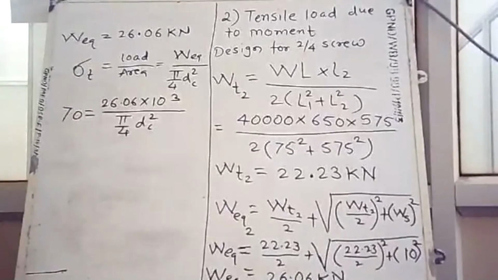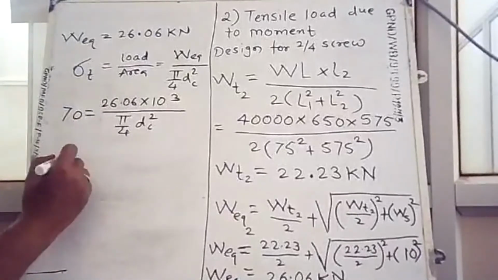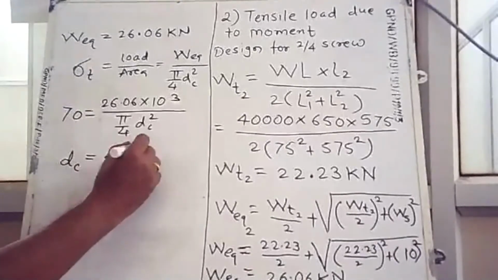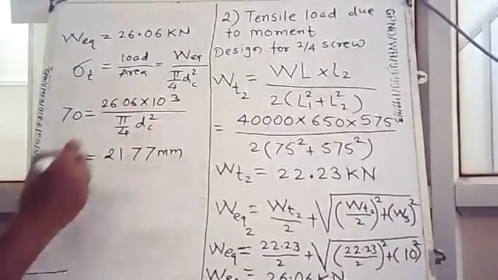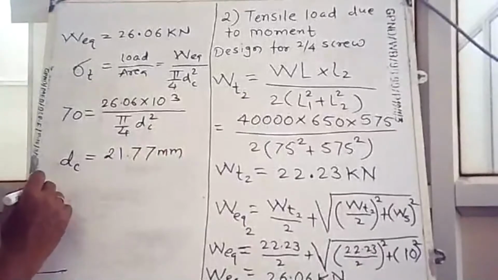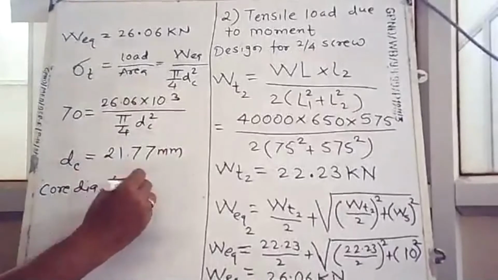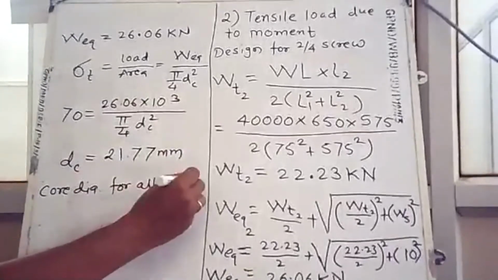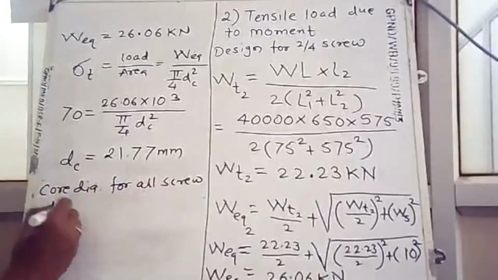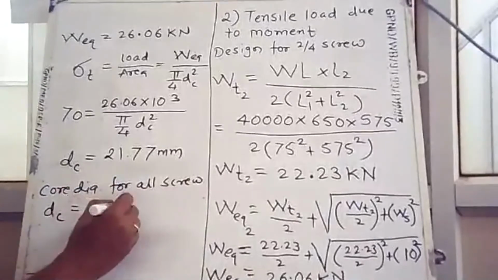So the core diameter that comes out here is 21.77 mm. Okay, so that means the core diameter, this is for the second screw actually, so for all screws let us consider 22 mm.